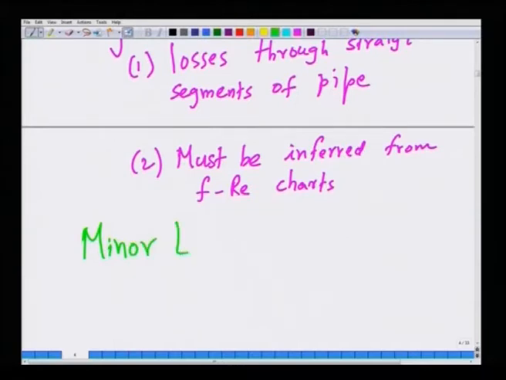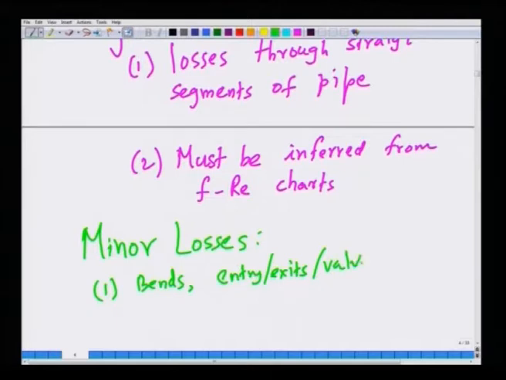So, we incur additional losses due to various reasons. Those are called minor losses for the simple reason that they do not numerically contribute much to the losses. They contribute maybe 10% to the total loss, but they typically include bends, entry, exit, valves, sudden expansion, contraction, and so on.